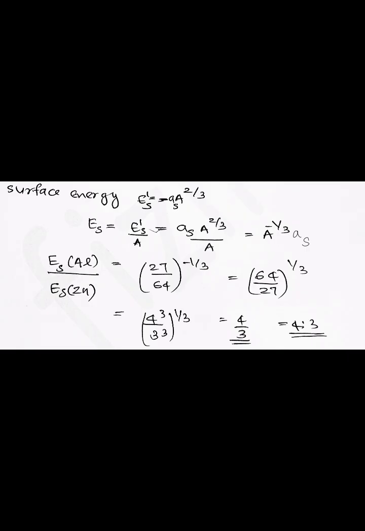That is, E_S is proportional to A^(-1/3). So we can write E_S of Al / E_S of Zn = (27/64)^(-1/3) = (64/27)^(1/3) = (4³/3³)^(1/3) = 4/3. That is, the ratio is 4 is to 3.